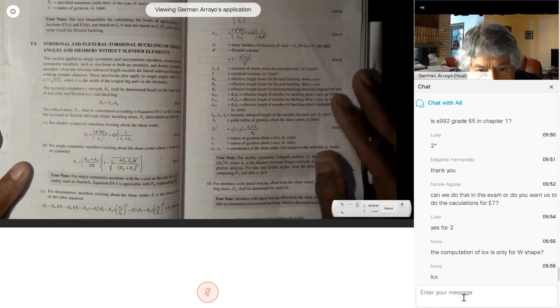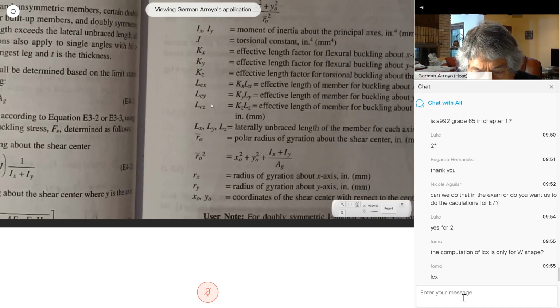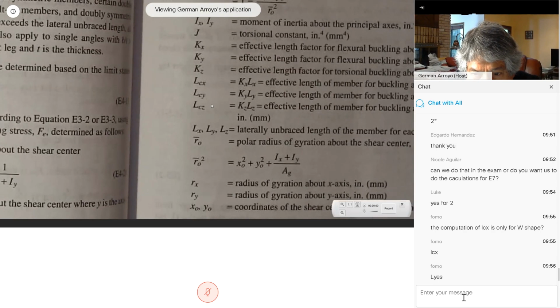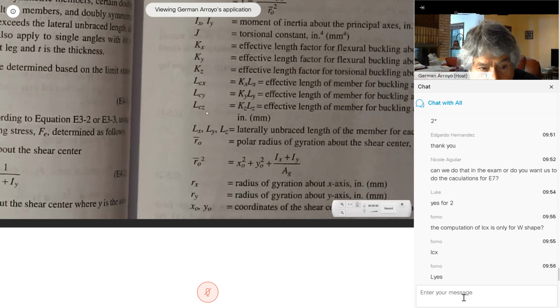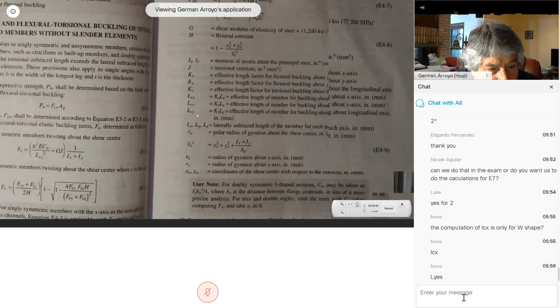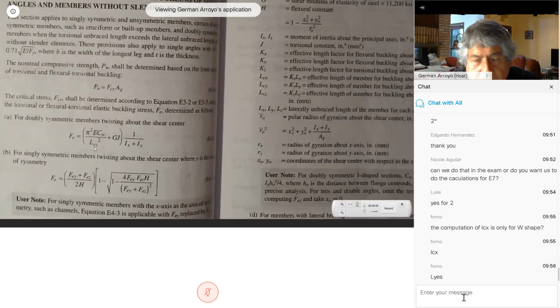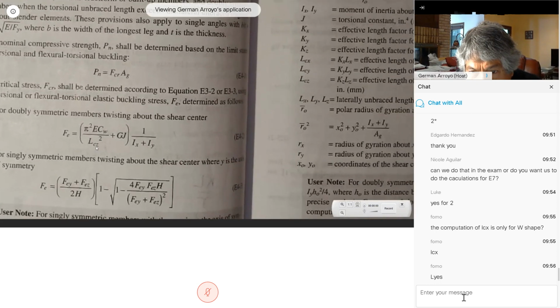Are you asking about this one? Well, it's not. We only had, this is the torsion. The one that goes in the formula is the Z, because the Z is the torsional axis, the longitudinal is the torsional. So this is the Z. Is that what you're asking for?